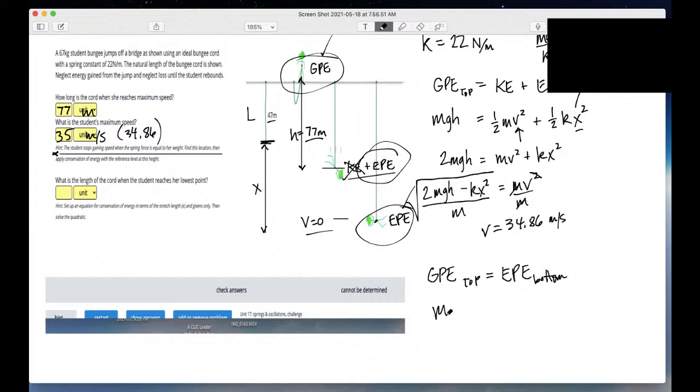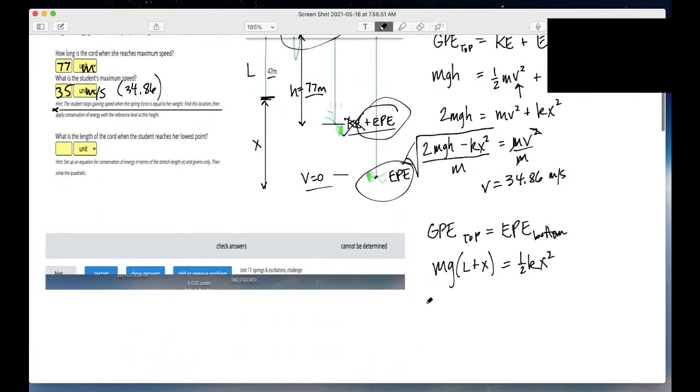So that means mgh, but h is the total length of the bungee plus the stretch. So we're going to put L plus x equals 1/2 k x squared.